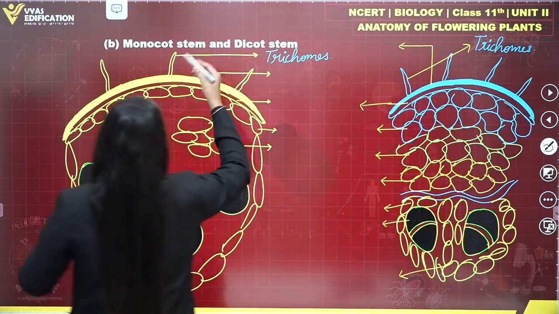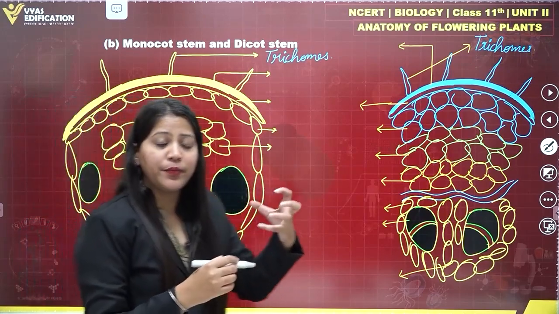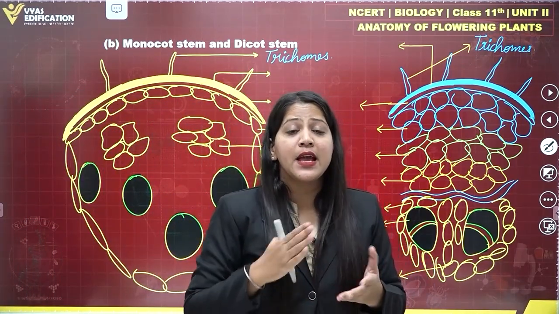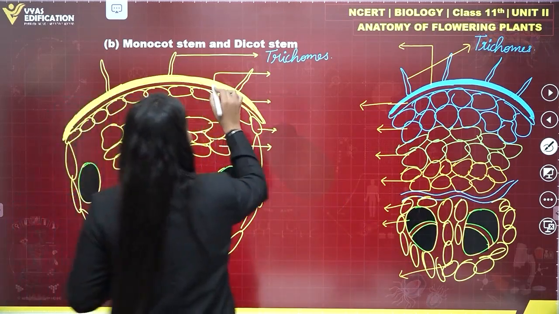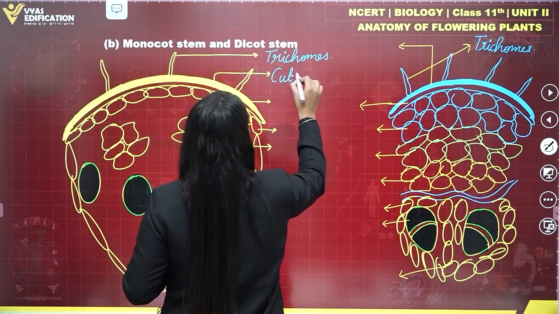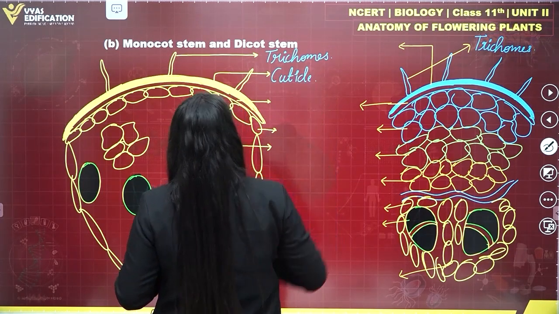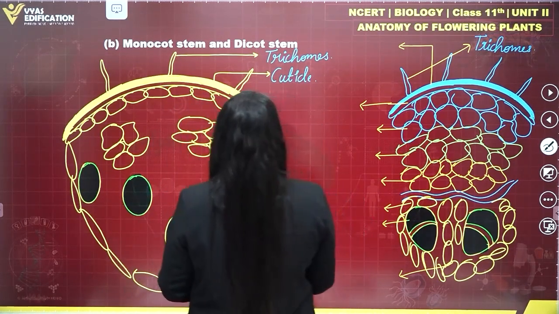Then, the extra layer present in the stem is the cuticle. You must have heard about cuticle. Next to cuticle, we have epidermis.